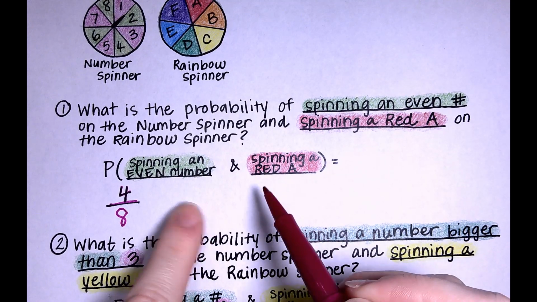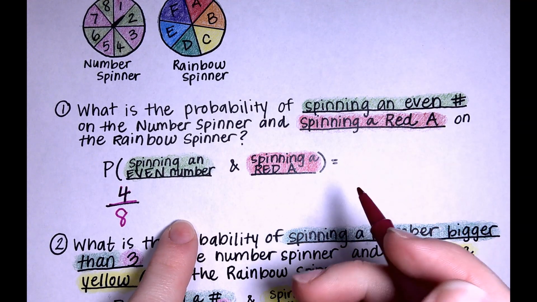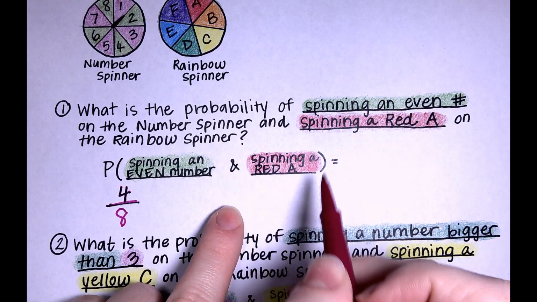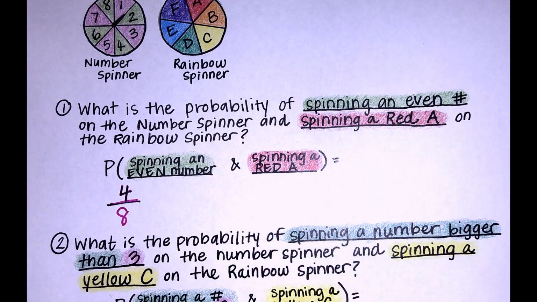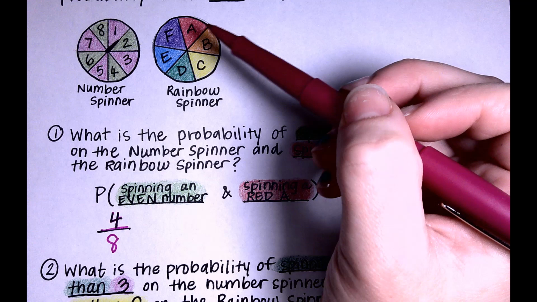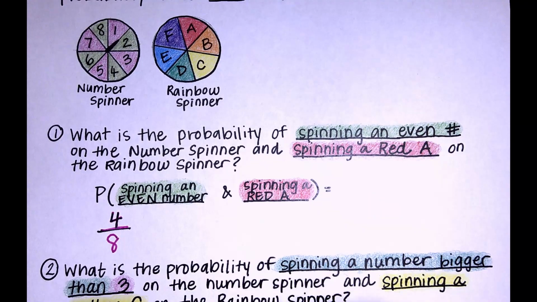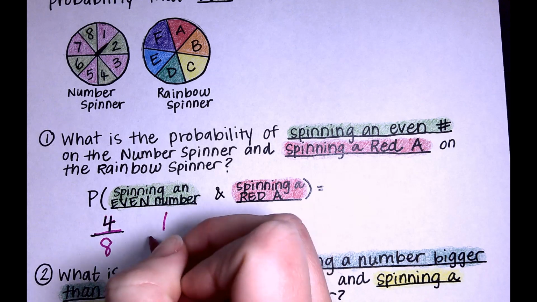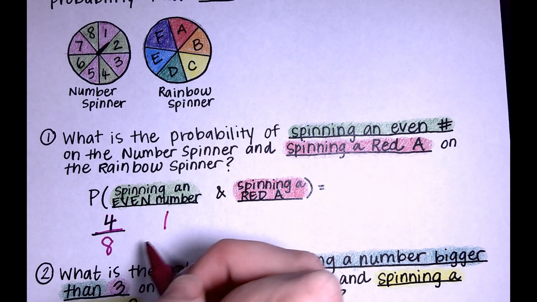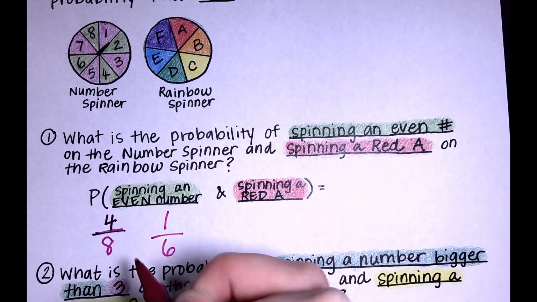Now, what do I need to find next? The probability of spinning A? Yes, the probability of spinning a red A. So, there's only one red A. How many options are there on the rainbow spinner? There's 6. So, I'm going to write 1 out of 6.